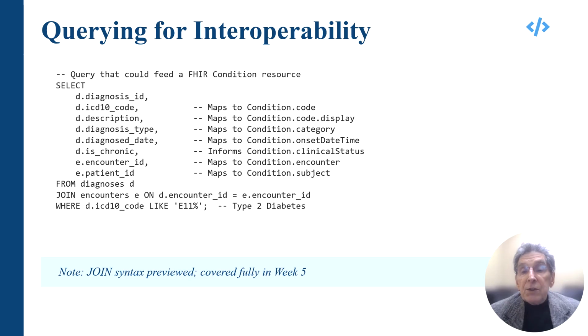We haven't formally covered joins yet. That's going to be in week 5, but I'm previewing them here because real interoperability queries almost always need data from multiple tables. A diagnosis record has an encounter ID, and the encounter record has the patient ID, and we need both. The where clause filters for ICD-10 codes starting with E11, which are type 2 diabetes diagnoses.